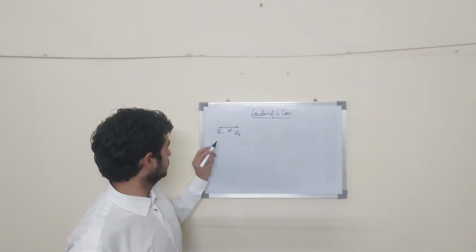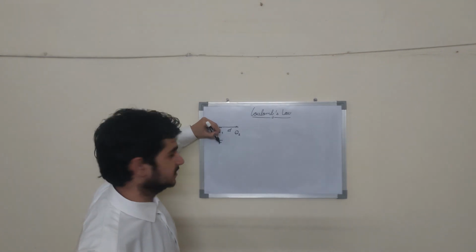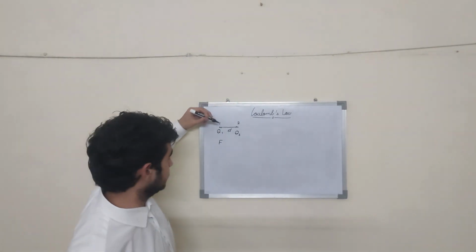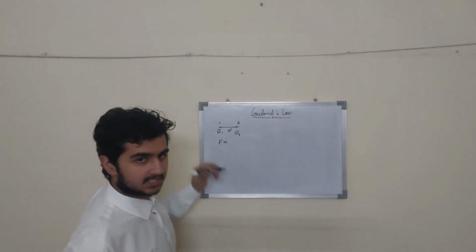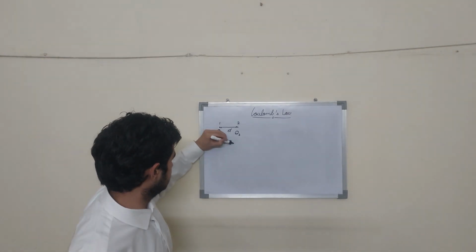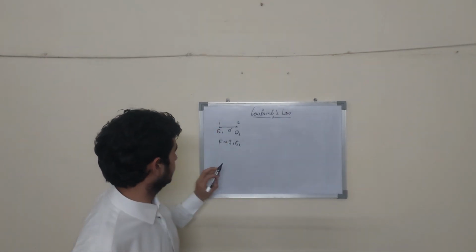So Coulomb's law says that the force acting between the two charges, let's call them charge 1 and charge 2, right? So force would be directly proportional to the product of their charges. So this is directly proportional to Q1 Q2.